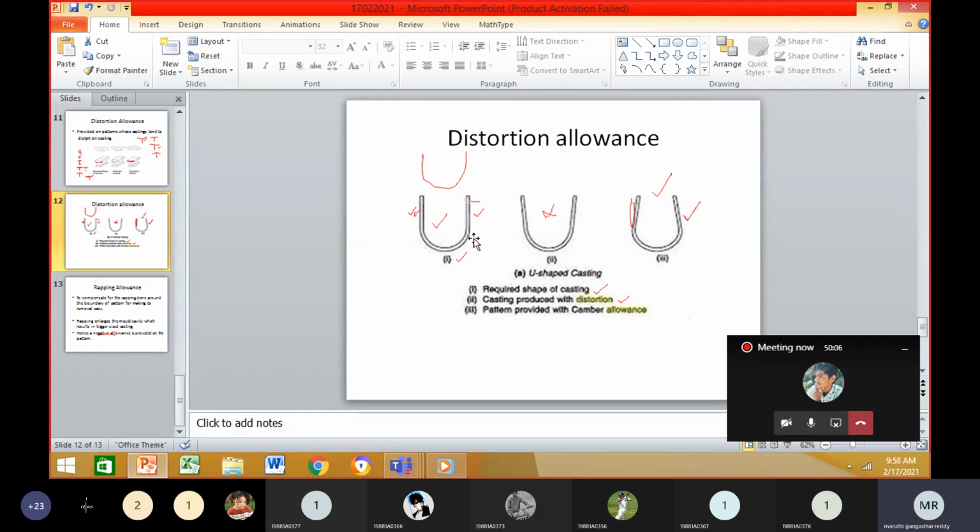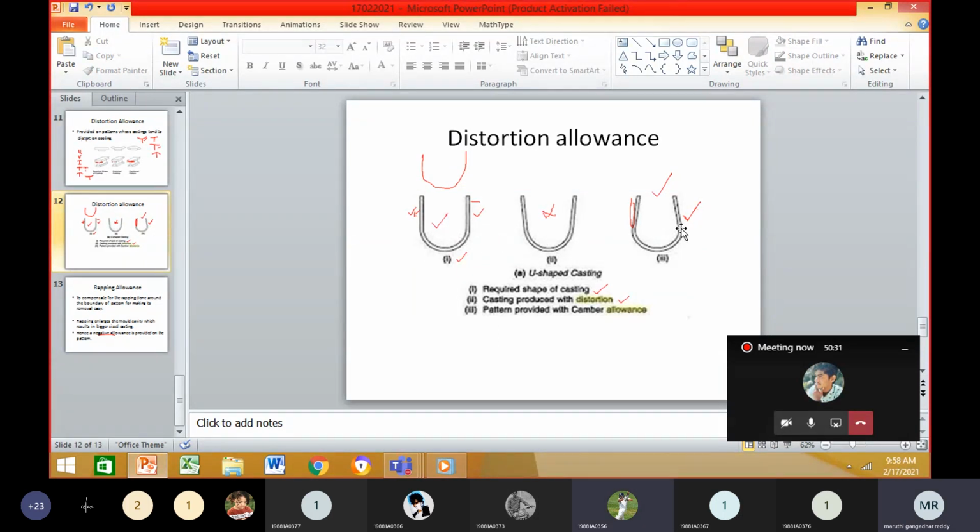Are you able to see this slide that I have kept? You see that figure, and then what you understood from that figure, you tell me. Just read this slide for a particular second, then you can easily explain the meaning of distortion allowance. There are three photographs, 1, 2, and 3.